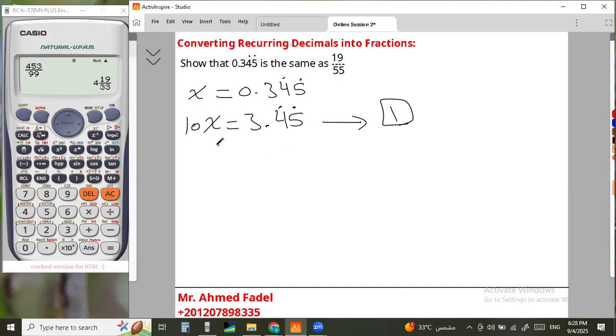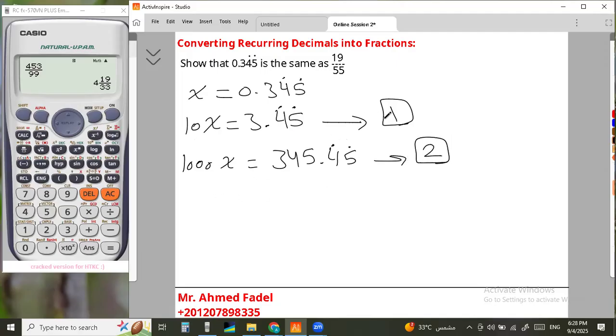Then I have the step of isolating the recurring. I have two digits recurring, so now I need to multiply by 100. Multiplying by 100 gives 1000x equals 345.45 recurring with dot notations, and I'm going to call this 2.